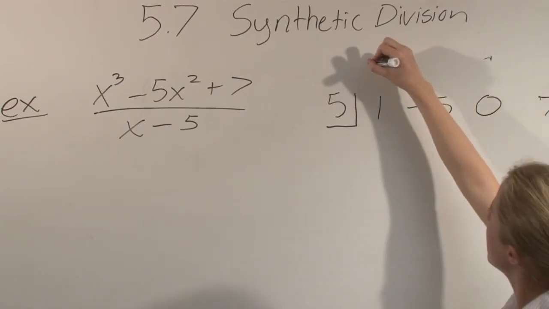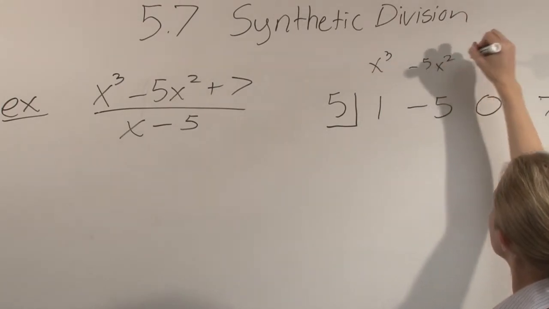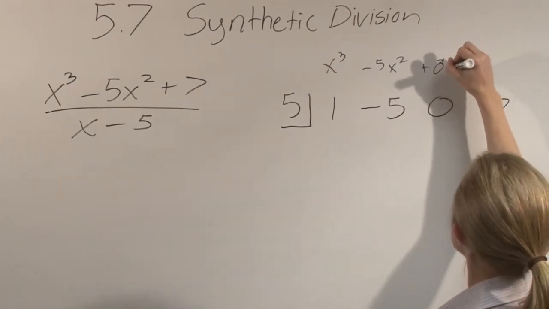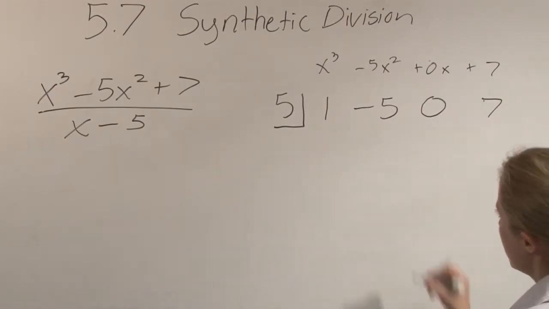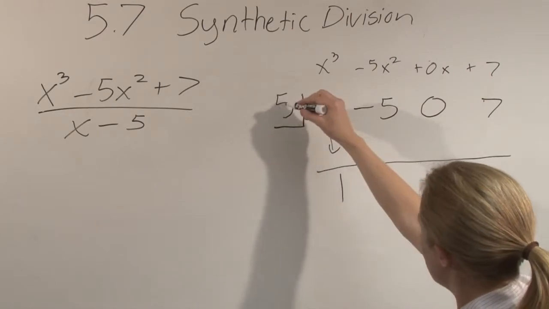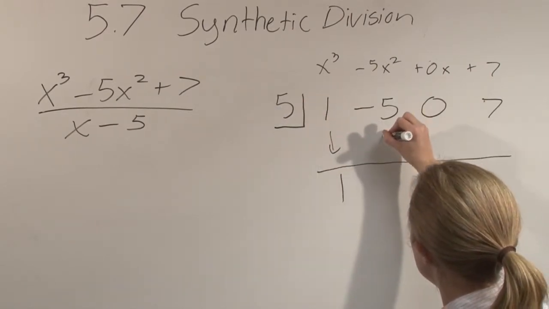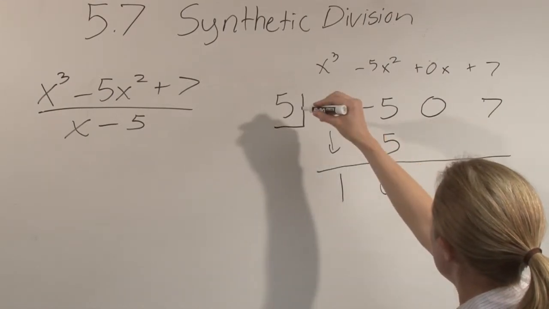So this was the x cubed minus 5x squared. This is like a plus 0x, and this is a plus 7. Bring down the 1, and I'm going to multiply it by 5, which will give me a 5 up here. Negative 5 plus 5 is 0.